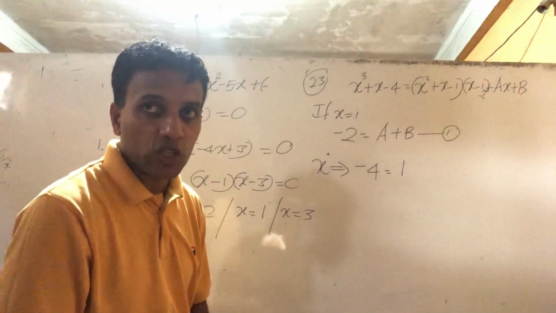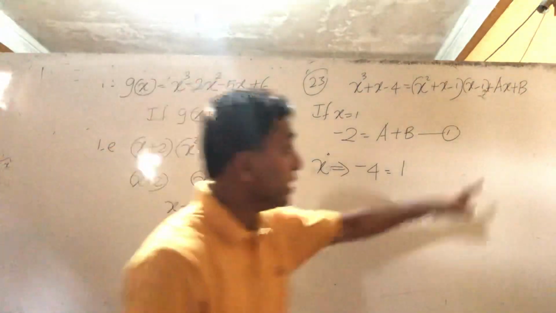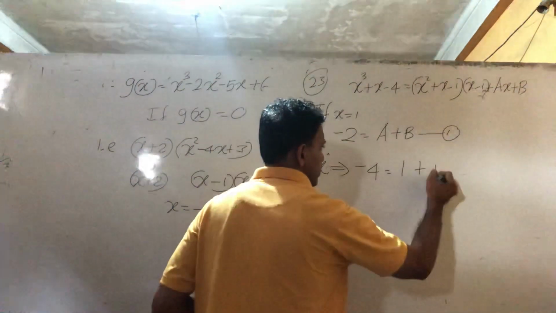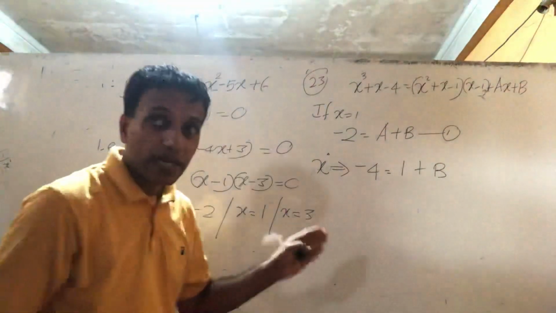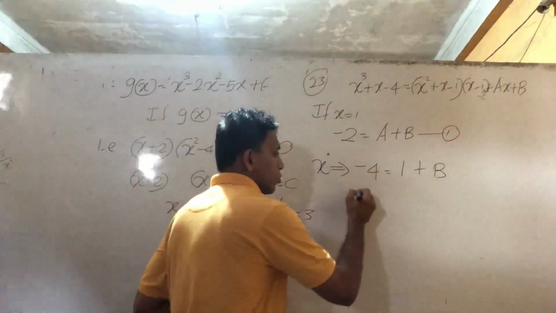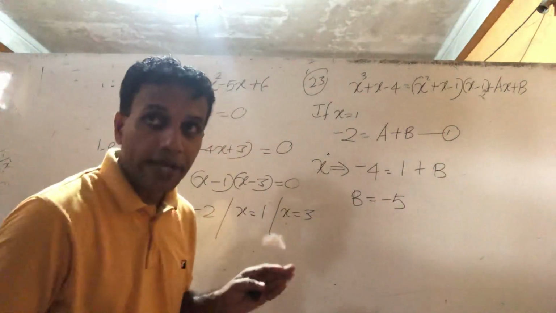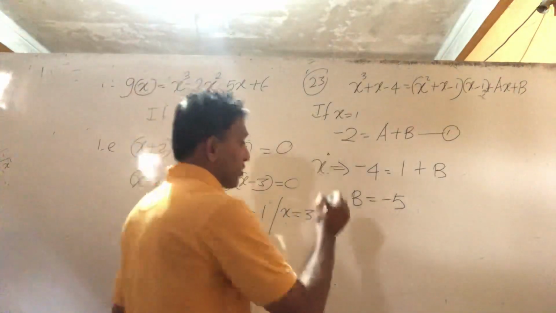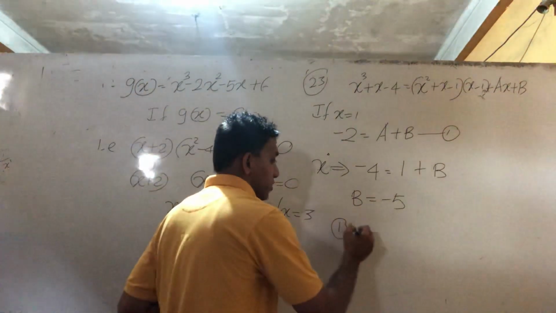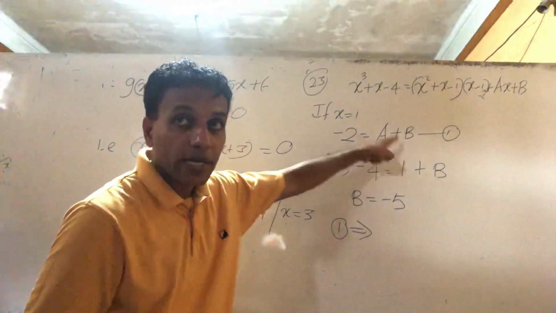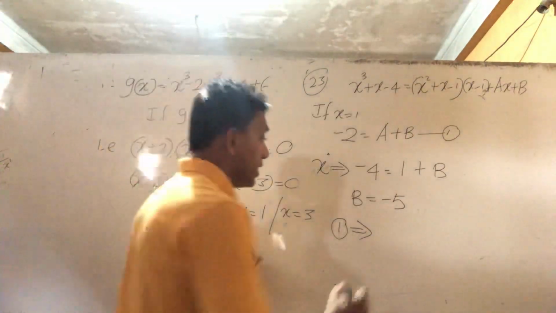Not only that, there's also b, a constant, plus b. So you can find b here. So b equals what? Minus 5. Then go to the first equation. If b equals minus 5, then a is 3.